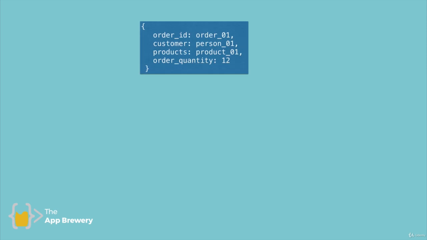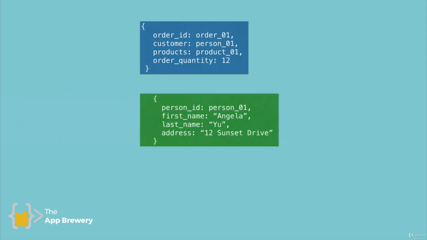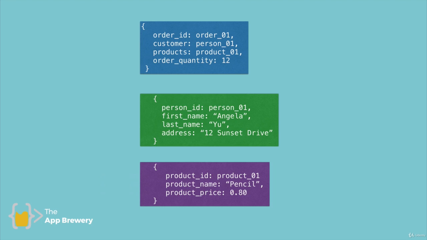So you could also organize your data in different documents, right? So say you have 3 objects. One has details of the order, one has details of the customer, and one has details of the product. And you can also link them together, although a little bit more clumsily, through using references.